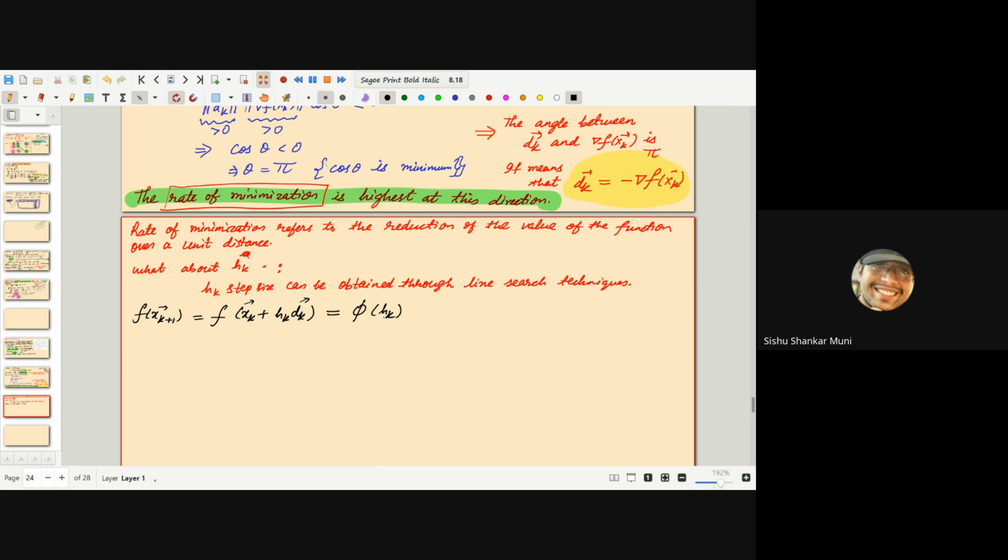And our job is to minimize phi of h. Minimize phi of h means minimize f of xk plus 1. Don't you think? Is there any problem? It's the same. I'm just giving a new function name, but finally it is a function only.